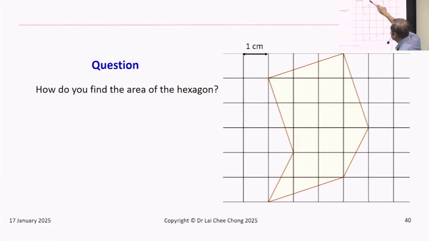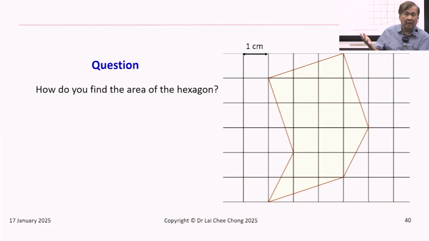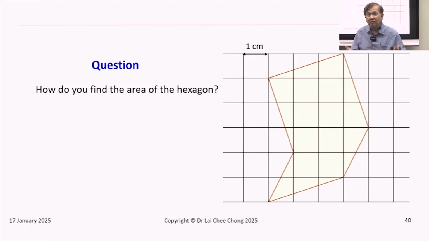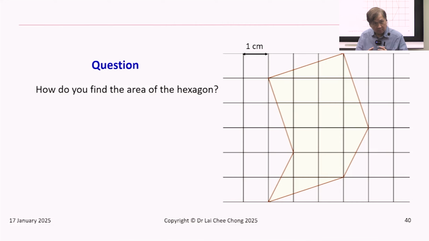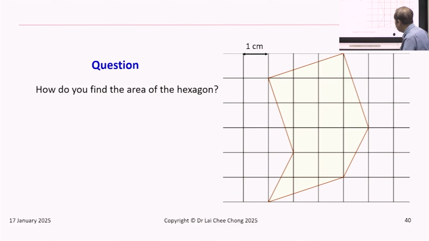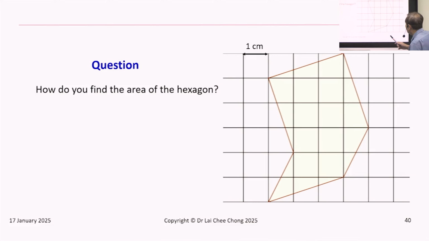Now, it's right inside the rectangle. So you know how to find the area of a rectangle. Fair enough? Length times width. Now, of course, you know that the area of the polygon must be smaller. How much smaller? That means you must take away all these areas. Am I right? All right, this outside. Then you can find it.